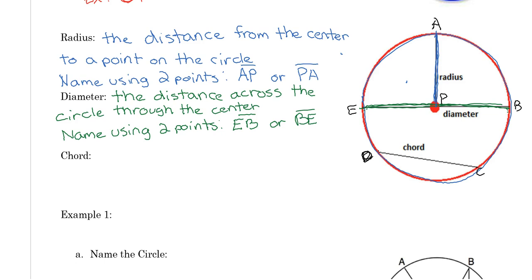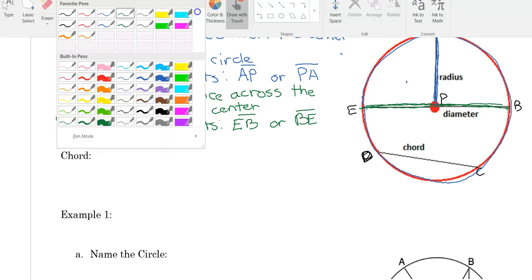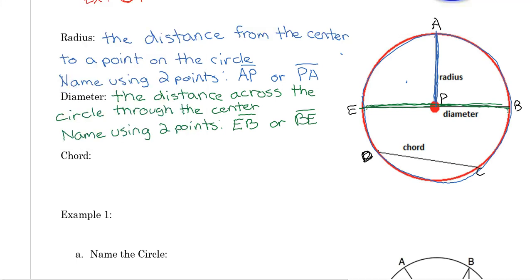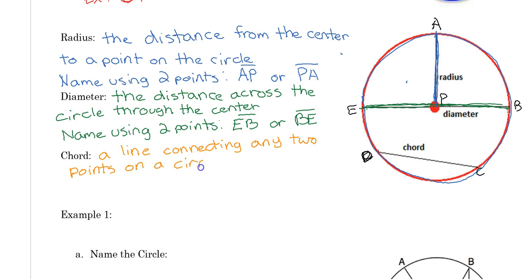The last part of the circle we're looking at in this section is the chord. A chord is a line or a distance connecting any 2 points on a circle.